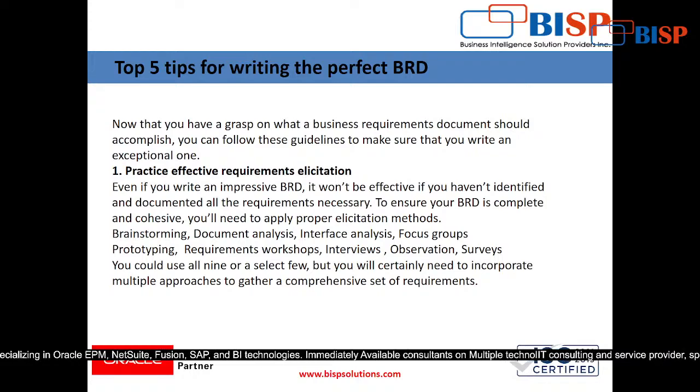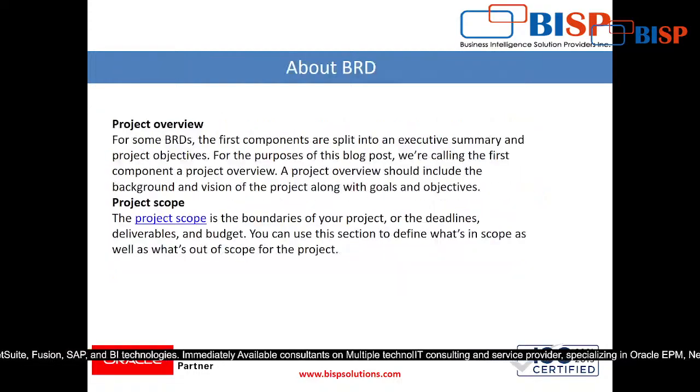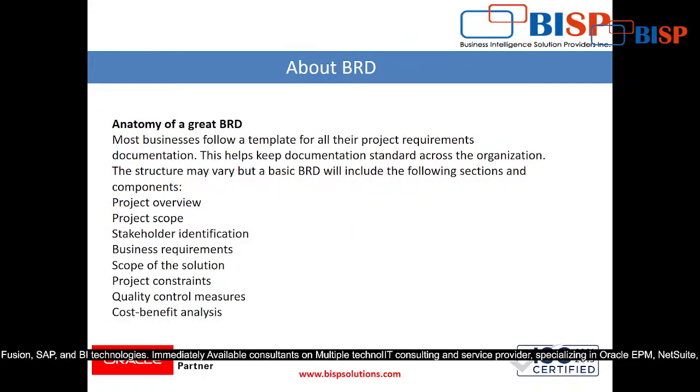Now let's talk about the tips of writing the BRD. Okay, so let's have a quick recap. In a BRD, there are 5 to 6 sections. First is the project overview. Then the project scope. Then the stakeholder identification, those who are interested in that. Then business requirement, scope of the solution, and project constraints.